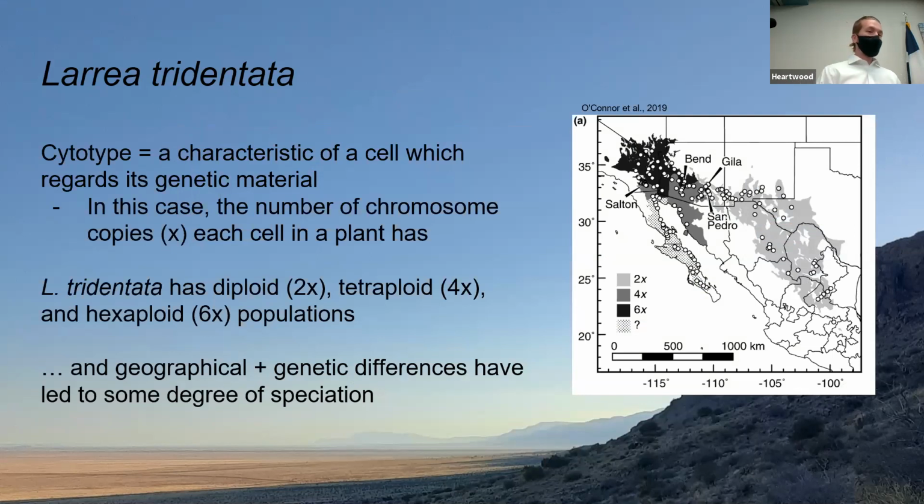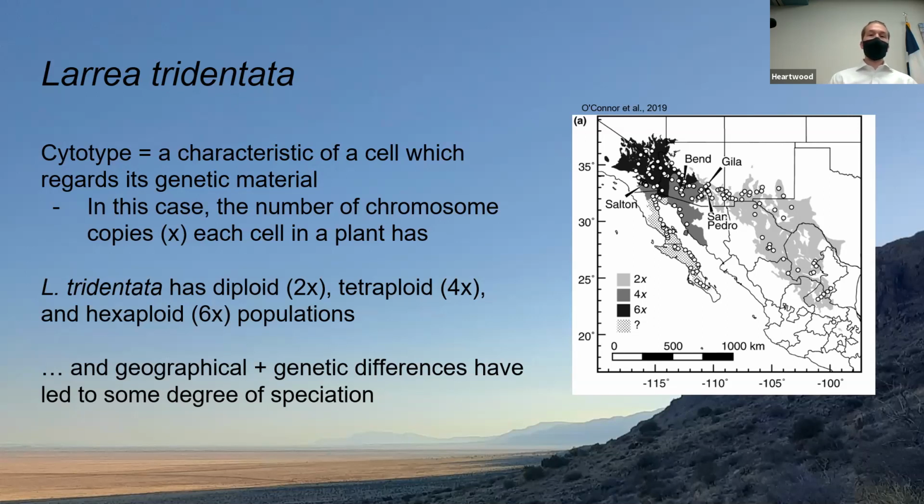So something really cool about Larrea tridentata, especially for an ecologist nerd like me, is that it has 3 distinct cytotypes. And for those of you who don't know what that is, a cytotype is a characteristic regarding the genetic material of a cell, or rather a whole organism. And Larrea tridentata, in this case, has diploid, tetraploid, and hexaploid populations, which have respectively 2, 4, and 6 copies of their entire genome in each cell.